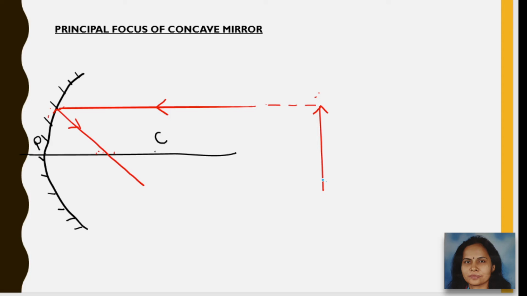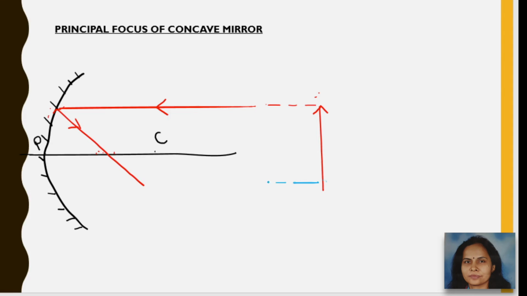Now we need to draw another incident ray also, because later on you will study in this chapter that to form an image we need the intersection of at least two reflected rays. So here I am drawing the second incident ray using a different pen, so it will be clear to all of you.